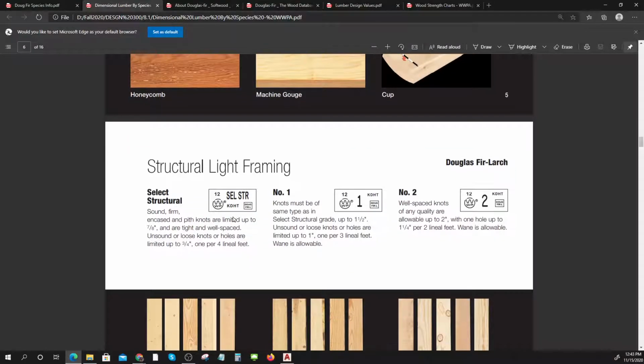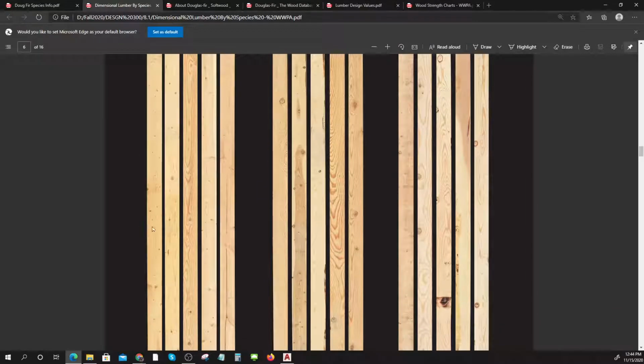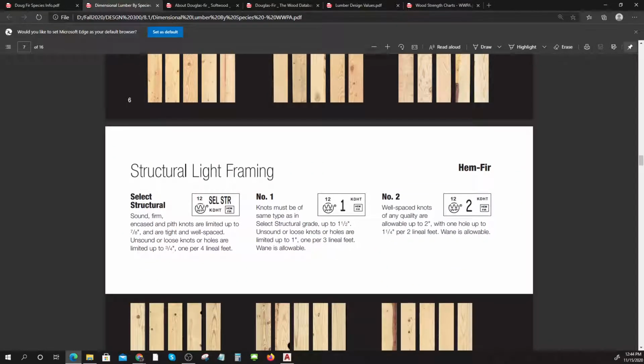And then down here it tells you if you're using select structural for light framing, that's what most residential is, structural light framing. It has to be sound, firm, encased. Pith knots are limited to this. So this tells you about it. And I think here are some pictures of different maybe select 1 and 2 or something like that.